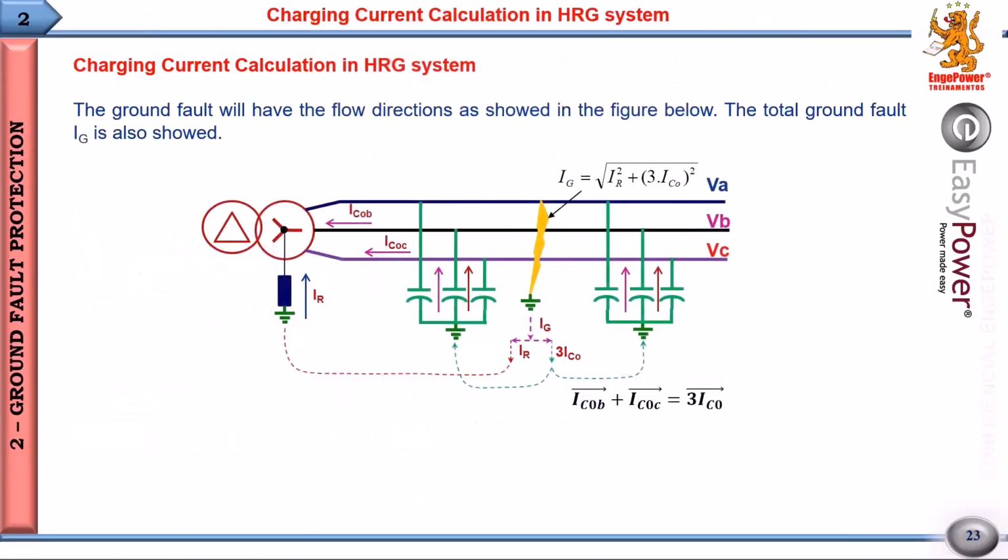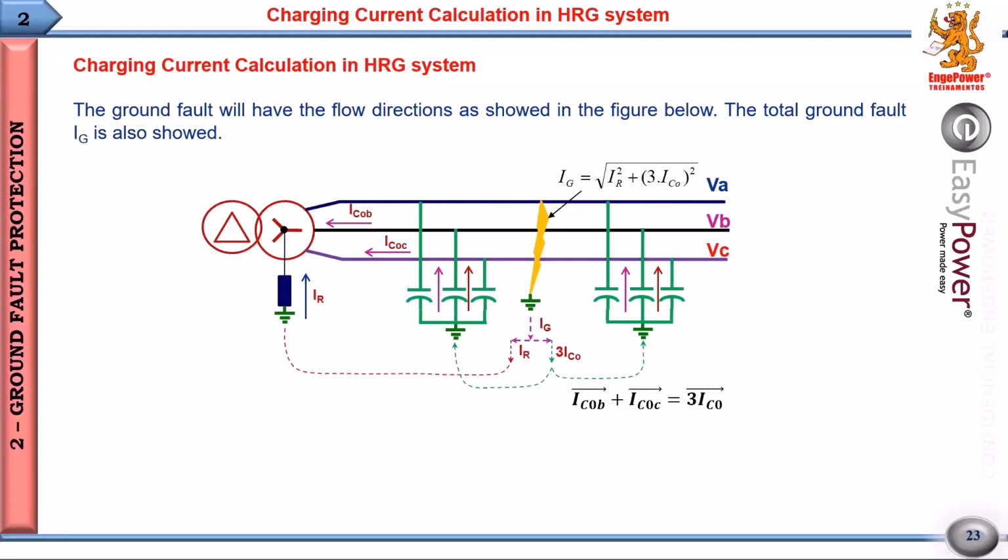So, charging current calculations in HRG systems, high resistance ground systems. If phase A goes to ground, this current here is the total ground fault current. Part of this current returns by the resistor, part of the current returns by the capacitance. But the phase A capacitance doesn't carry current here because this side of this capacitance is ground.